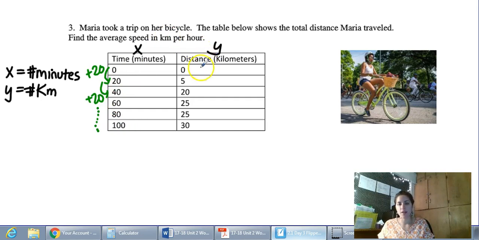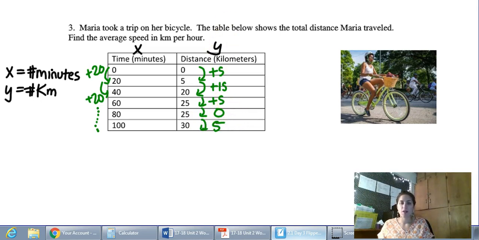But then if I look here she traveled 5 kilometers, but then check this out. In that next 20 minutes, she sped up. She traveled 15, and then she slowed down and she only went 5. Here she went none, took a break for 20 minutes, and then here 5.